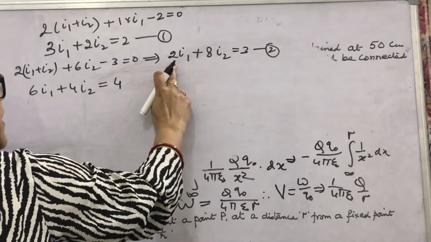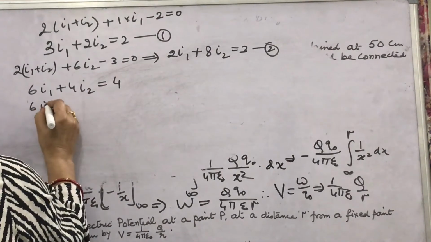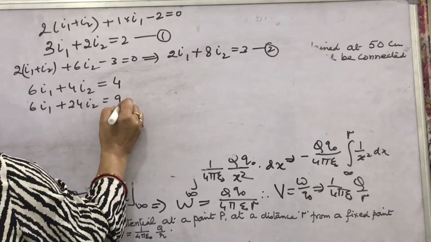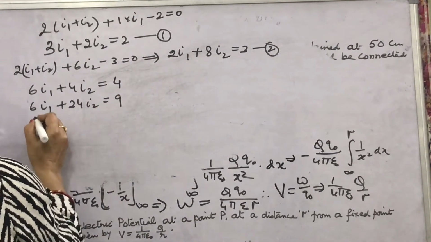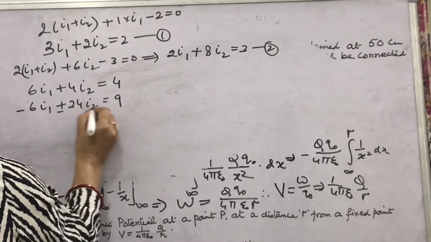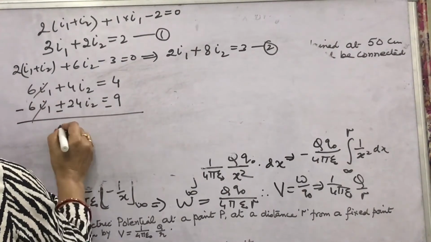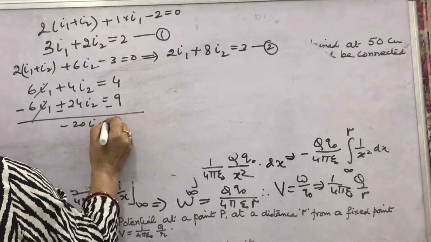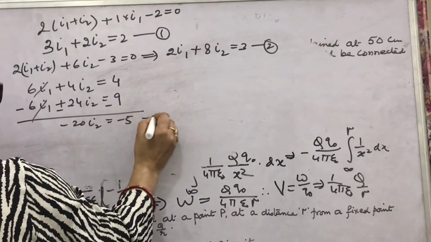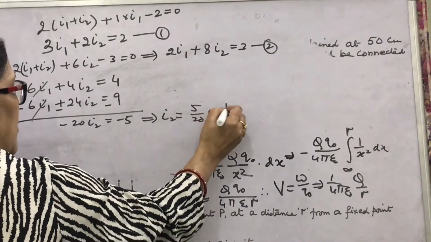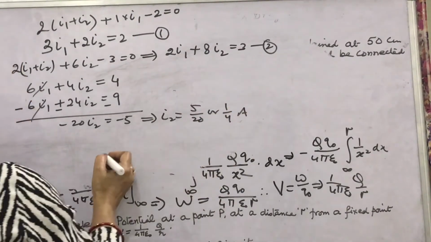Equation 2 multiplied with 3 gives 6 I1 plus 24 I2 equal to 9. Now subtract. What will you get here? This is cancelled. This is minus 20 I2, and here minus 5. This means I2 will be 5 upon 20, or 1 by 4 ampere.